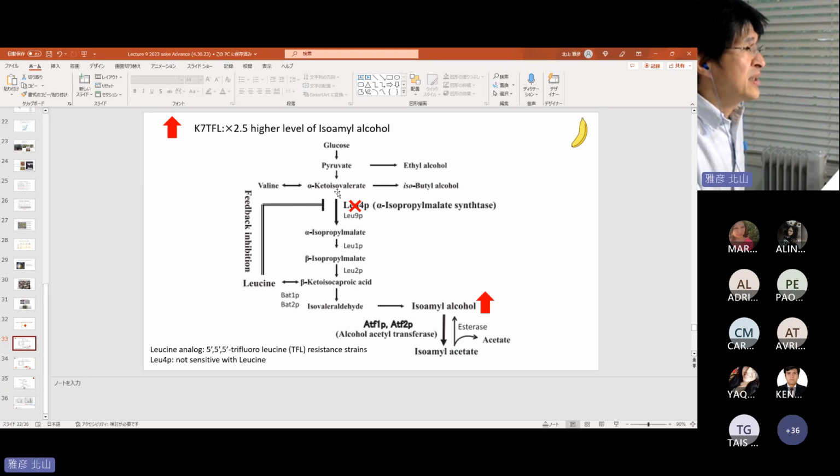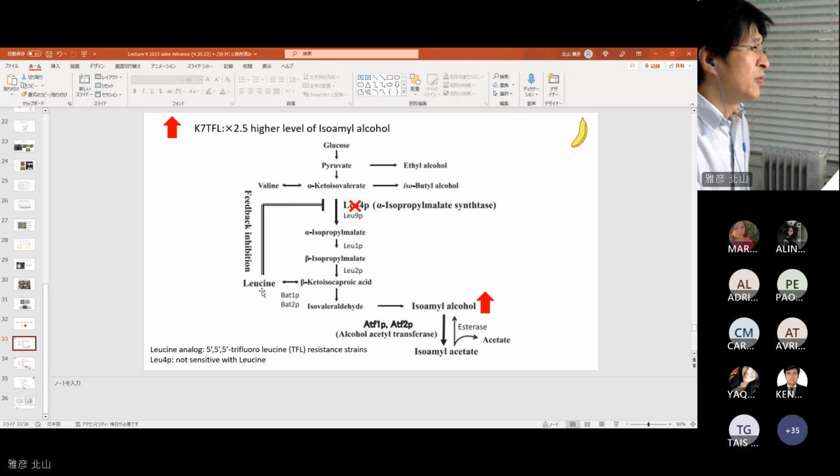And it will be converted to isovaleraldehyde. This compound itself does not have a good aroma. But when this compound is converted to isoamyl alcohol, it has some aroma. So first, people try to improve the amount of isoamyl alcohol by manipulating the metabolic pathway.